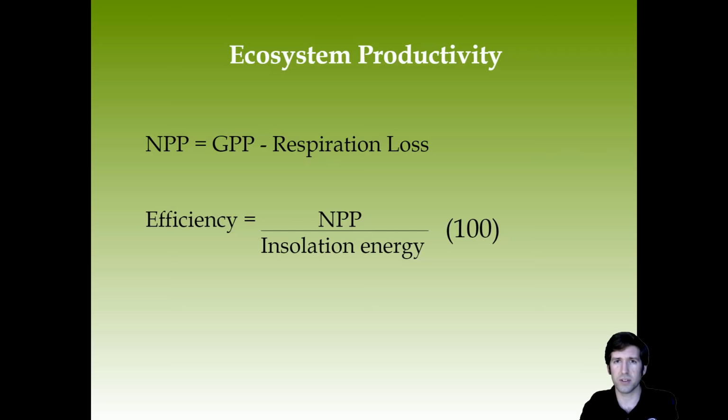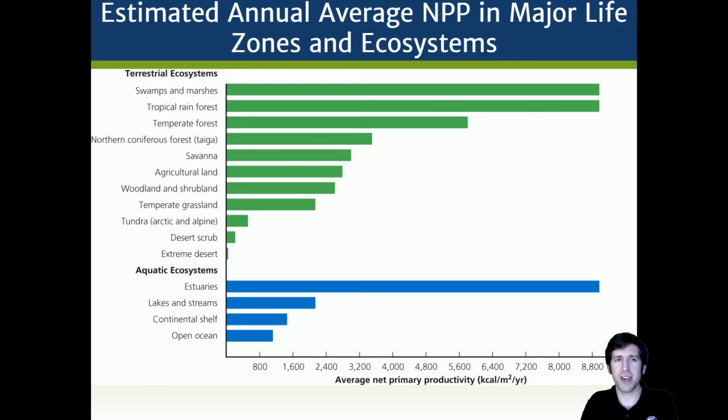Here is a bar graph for the estimated annual average NPP in major life zones and ecosystems. So I'm sure that if you closed your eyes and thought of places where there was a lot of plants and a lot of plant growth, you definitely would have thought of a few of these, right? Tropical rainforest makes a lot of sense. A lot of trees, a lot of ivy, the canopy, the low shrubs.